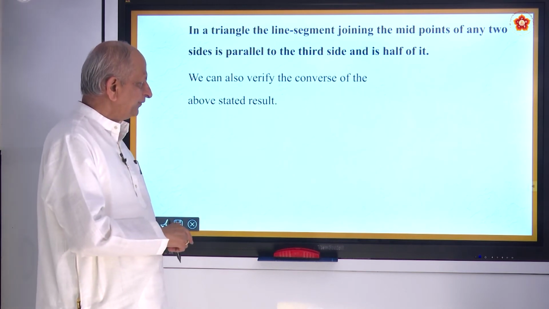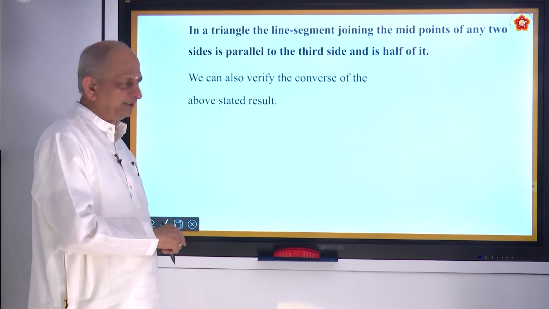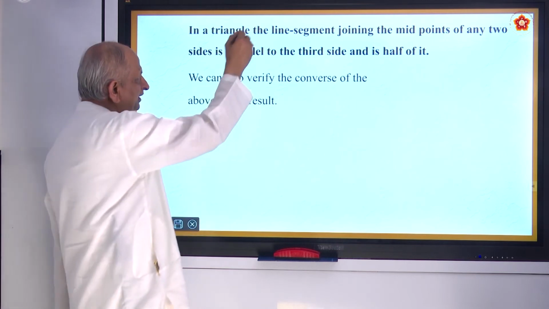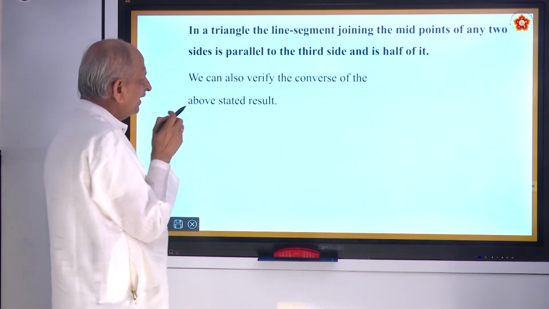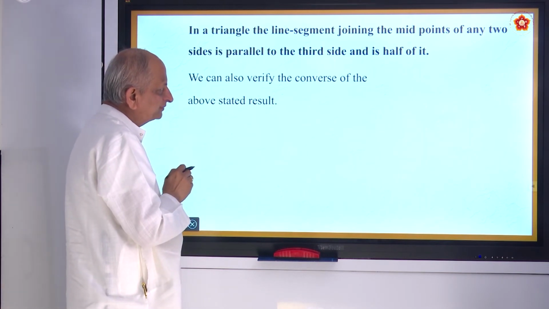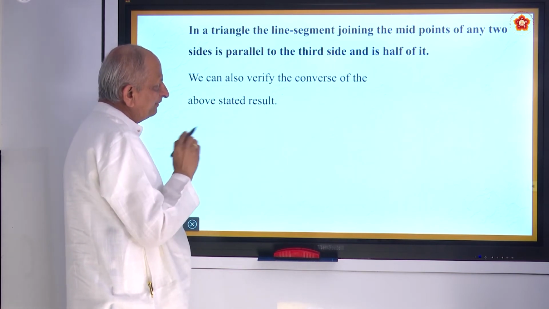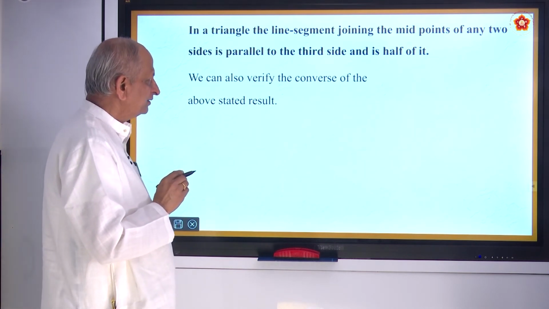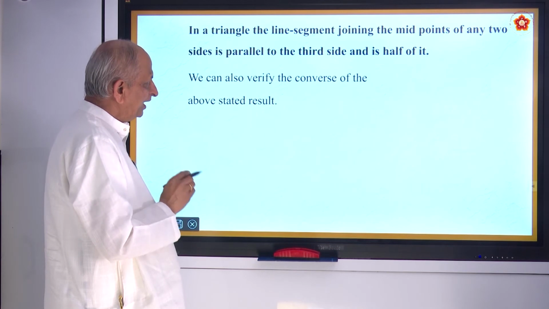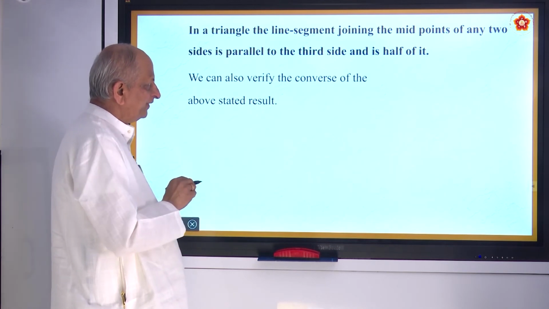So, we can also verify the converse of the above stated result. This result, what is there? How do you tell the converse? The line joining midpoints of two sides of a triangle is parallel to the third side and half of it.